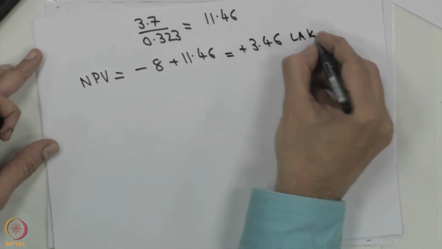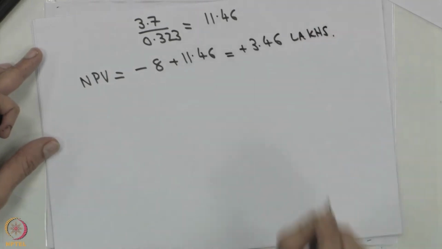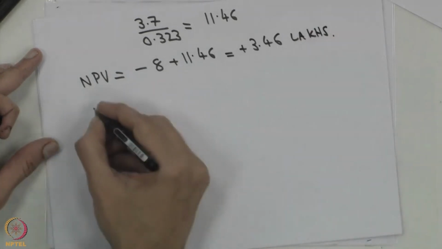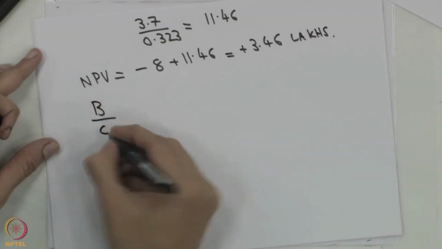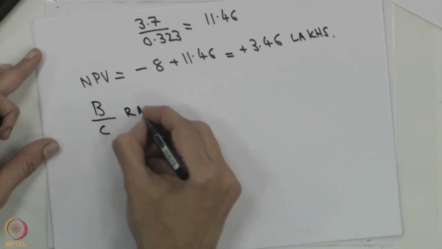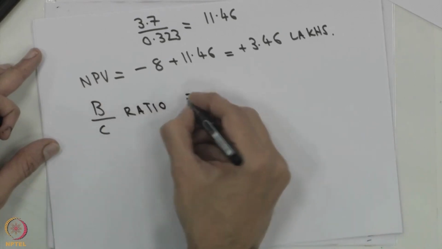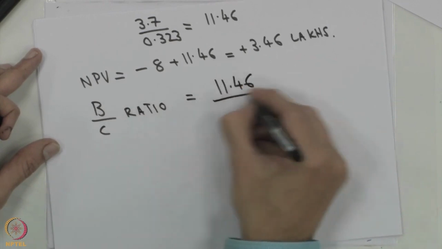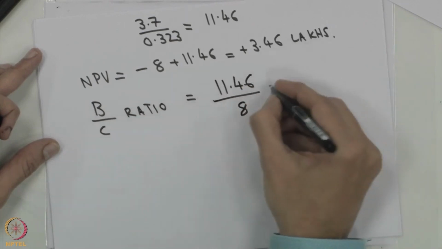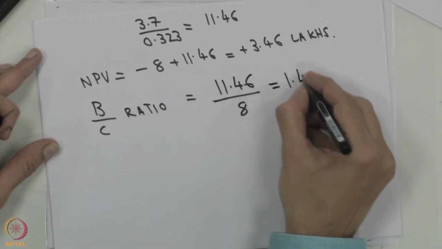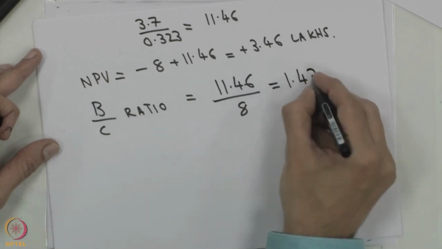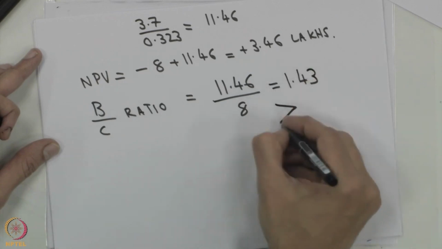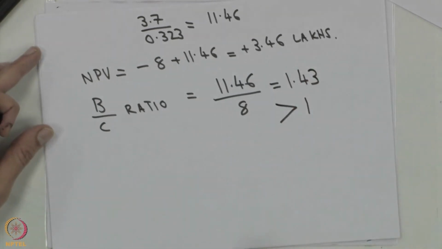Net present value is positive, so the company should go for this. If we look at the benefit by cost ratio, this is going to be 11.46 divided by 8, which comes out to be 1.43. B by C greater than 1, so we can go for it.